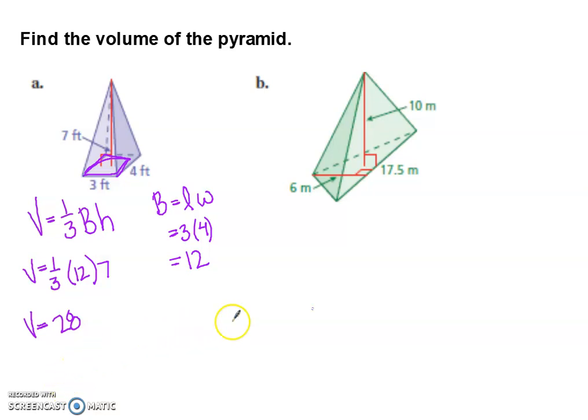Let's do another one. Same steps. Write the formula down. The area of the base, or the shape of the base right here. This time it's a triangle. So to find the area of the base, we need to use the triangle formula.